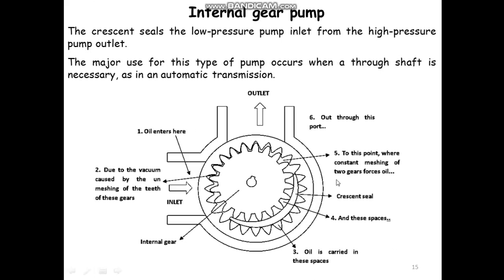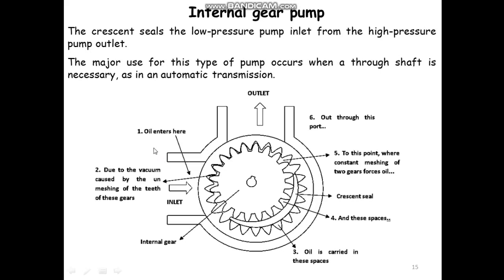Basically in all types of automobiles, even two-wheelers, four-wheelers, and many heavy duty vehicles, internal gear pumps are usually used for pumping oil and supplying lubricating oil to all parts of the automobile and so on.